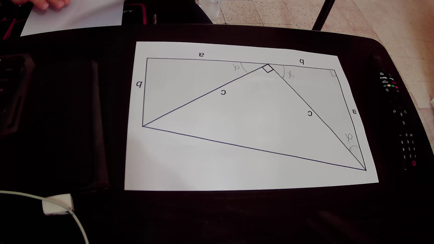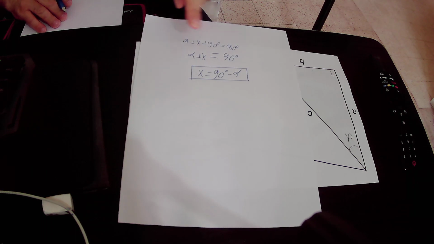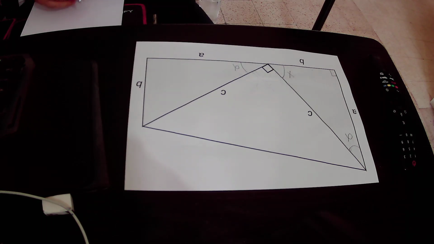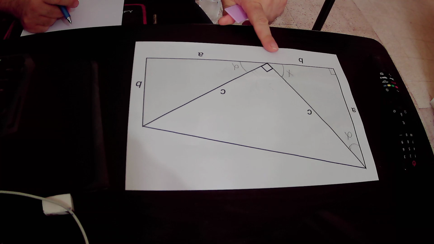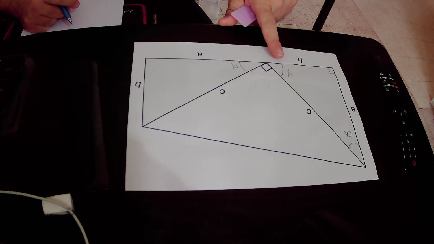So we know that this angle is 90 degrees minus alpha.